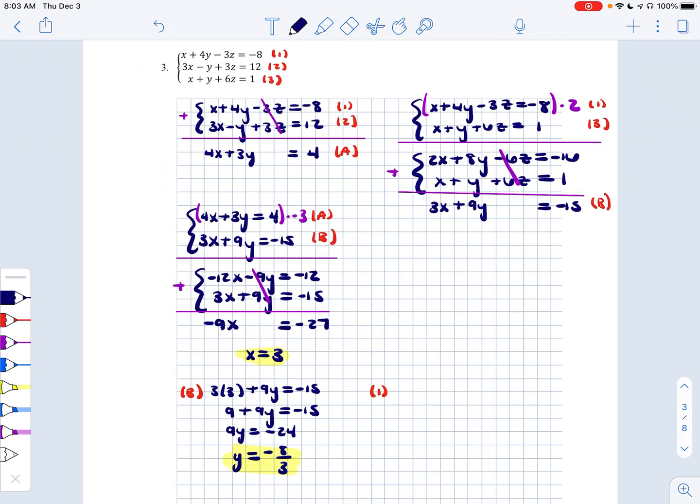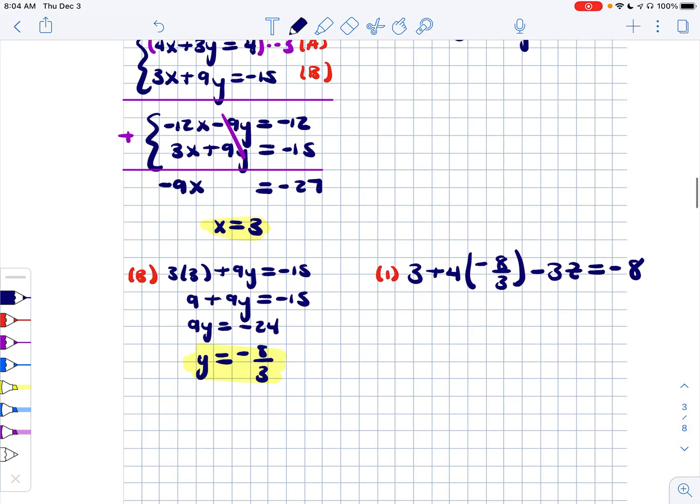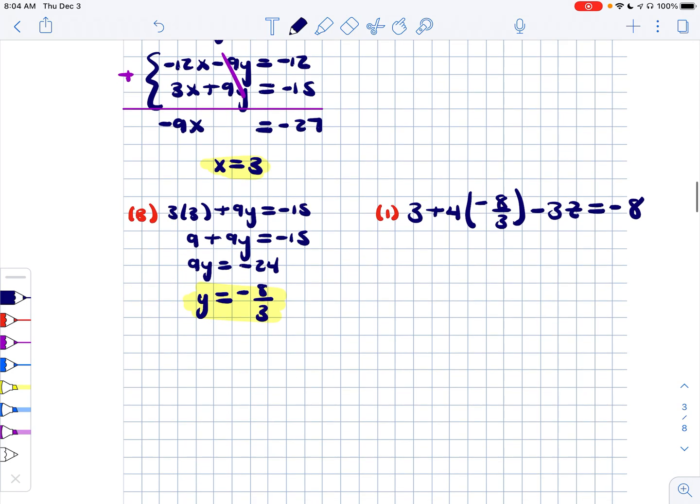Okay, so we have x plus 4y minus 3z equals negative 8. Okay, and of course just plugging in 3 for x and negative 8/3 for our y.